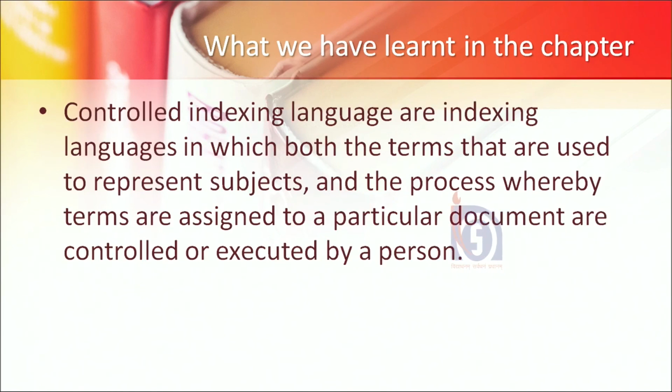And finally, controlled indexing languages are indexing languages in which both the terms used to represent subjects and the process whereby terms are assigned to particular documents are controlled or executed by a person.